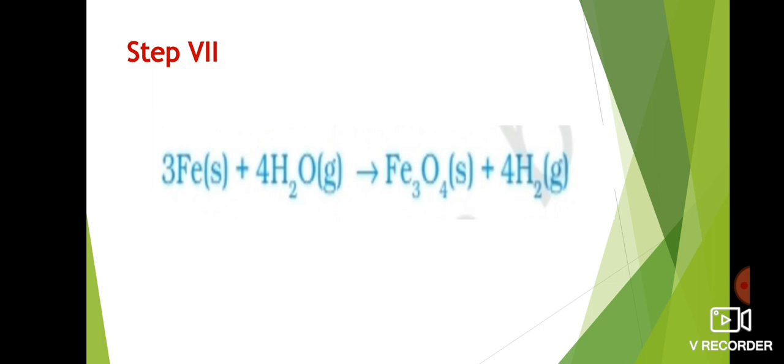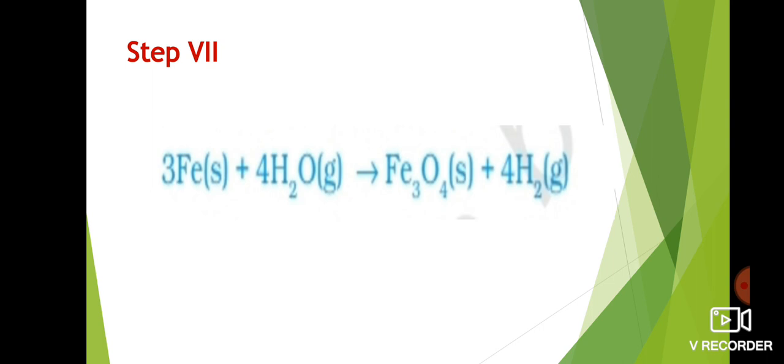The word aqueous, aq, is written if the reactant or product is present in a solution in water. Observe this equation: Fe, we wrote a small s within the bracket. These physical states are always written within the bracket. Small s means iron exists in solid state.